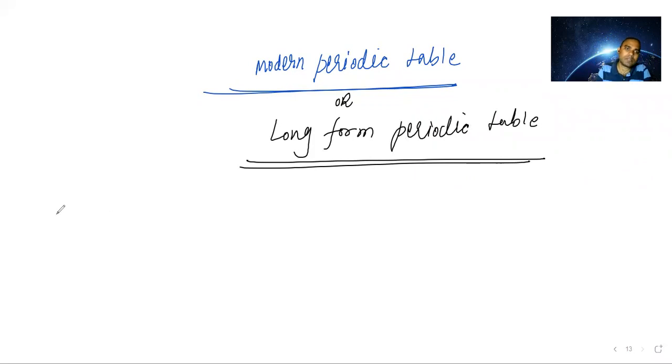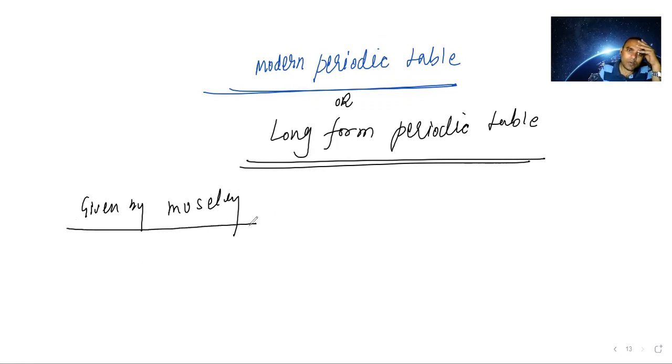Now, the long form periodic table was given by Moseley, that you need to keep in mind. Because Moseley discovered the atomic number, he gave this periodic table.